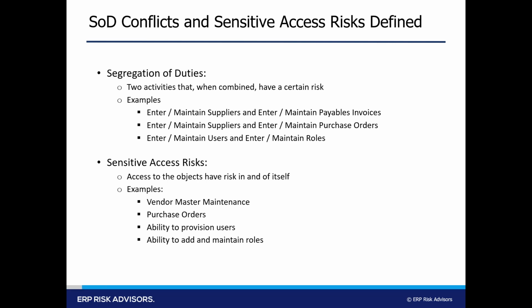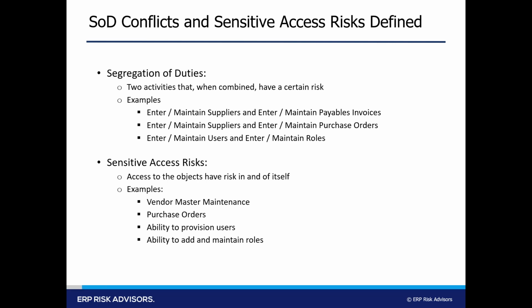I don't want anybody to have access to enter and maintain users that shouldn't, and I don't want anybody having access to enter and maintain roles that shouldn't. So if I do a sensitive access analysis across all roles, and I say, tell me every user and role that has access to enter and maintain users, it's primarily an element or a component of the security console.